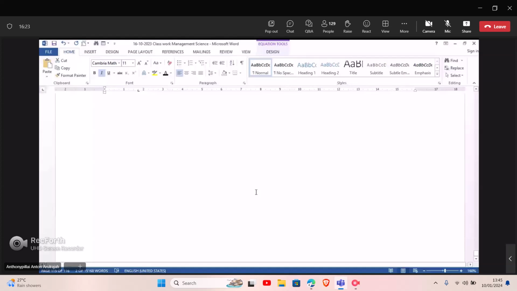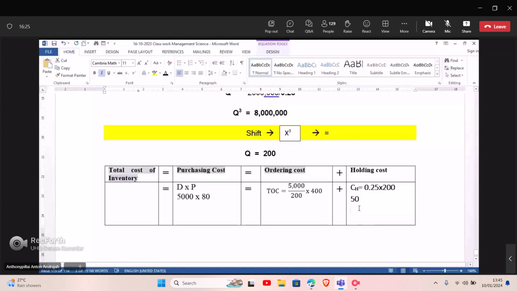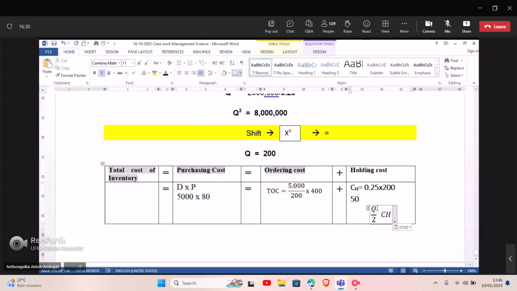And how much is the Q? 200. Right. Q divided by 2 is 100. 100 into 50.